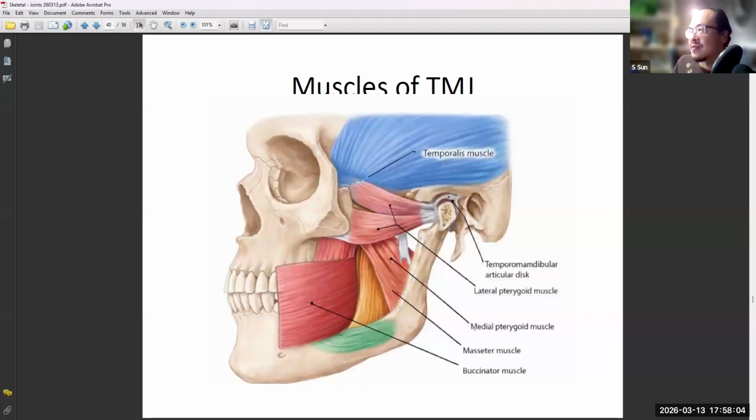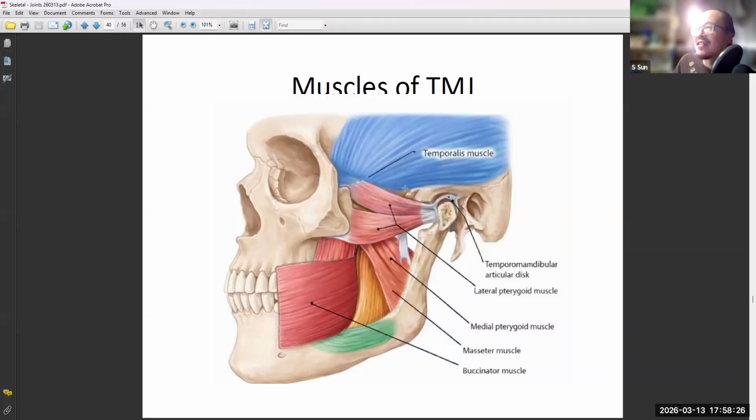And then here is the medial pterygoid muscle, which basically helps with closing. So this one is closing, or elevation. And what else? Yeah, the masseter muscle right here is also closing, right? Elevation, closing.